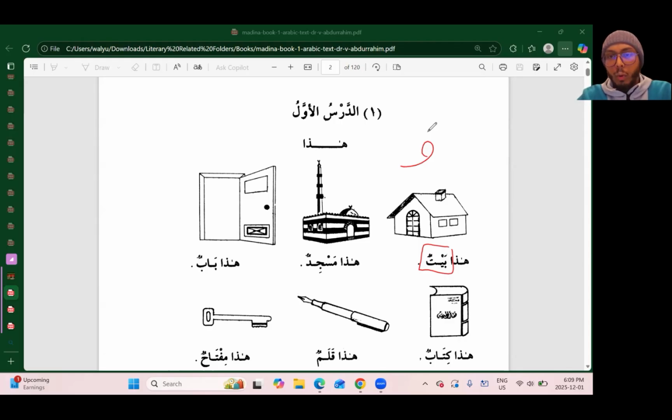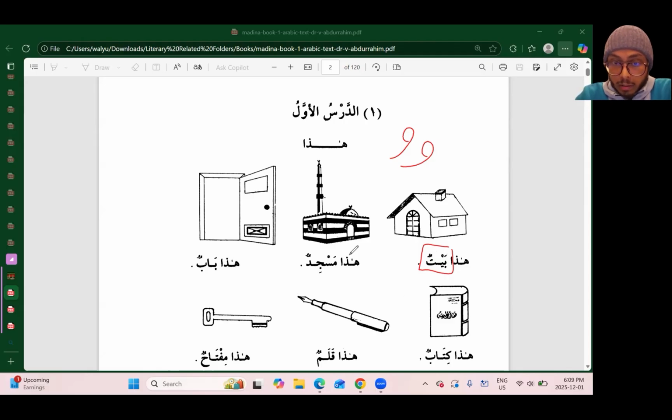Moreover, it will usually have two dhammas, which is why you can see all of these have the tanween, or dhammatain, two dhammas. Baytun, masjidun, babun. We'll learn after different words that don't have tanween and different rules apply.